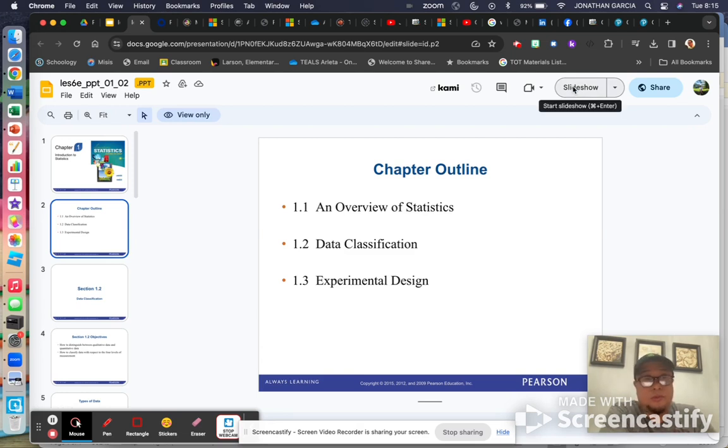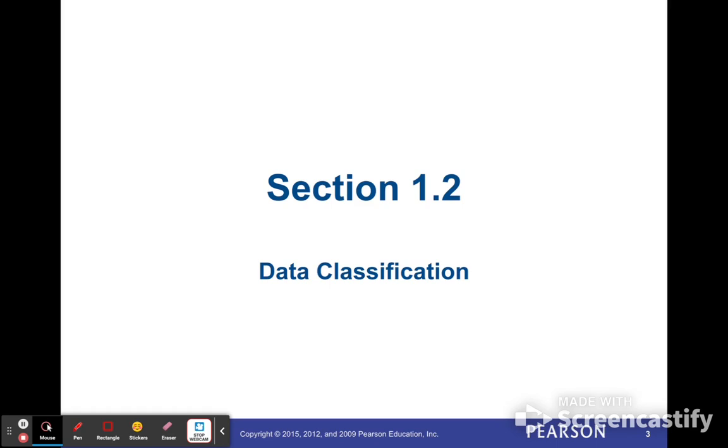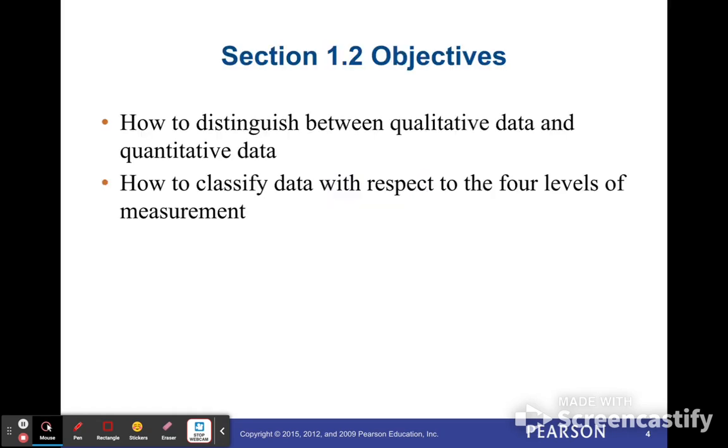Now we're going to continue with section 1.2. So let's start. Data itself, we already defined: these are the things that can be obtained through measurement, counts, observations, and many more. Now we're going to understand and classify data.